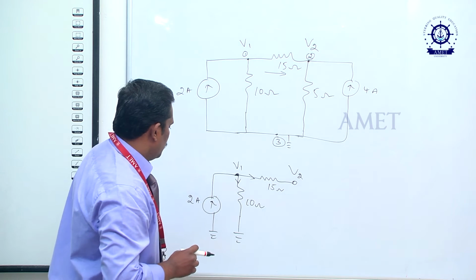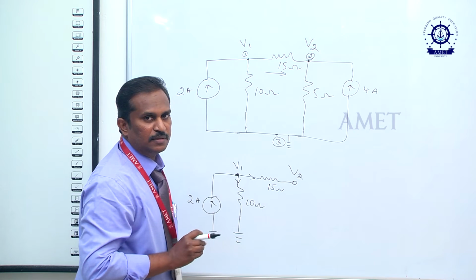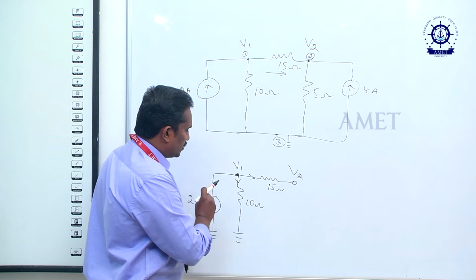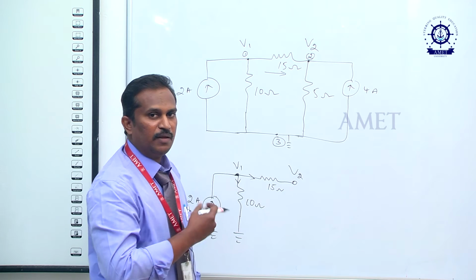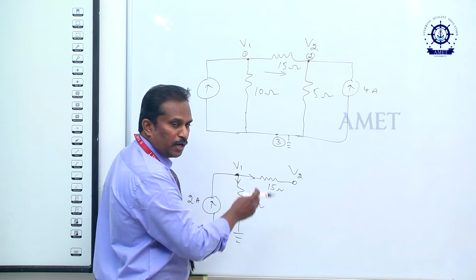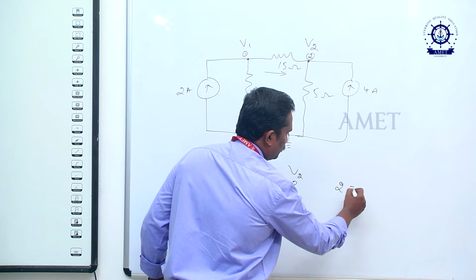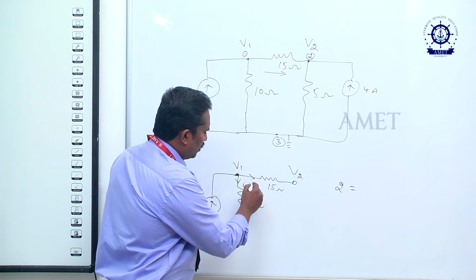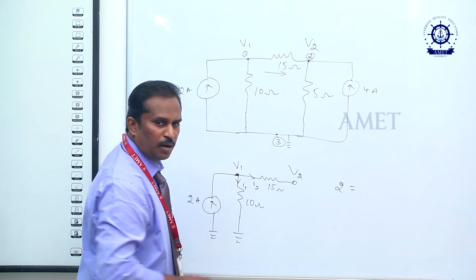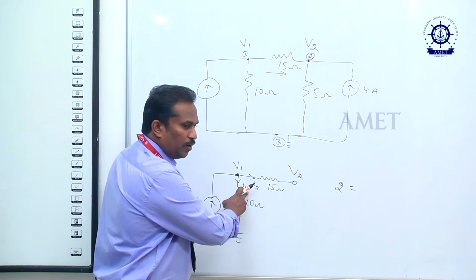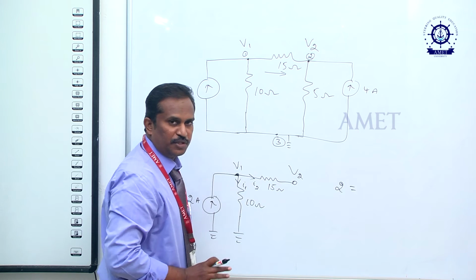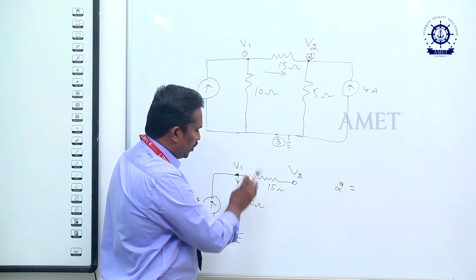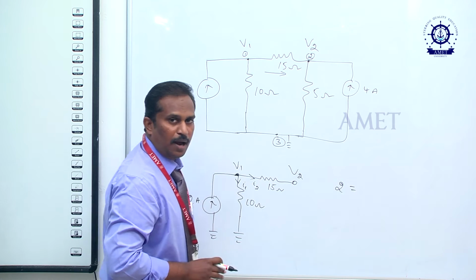Now apply Kirchhoff's current law. By applying Kirchhoff's current law, the sum of currents entering the node equals the sum of currents leaving the node. Here only one current is entering the node, that is 2 amperes, which is equal to the 2 currents leaving. Assume that this current is I1 and this current is I2. I1 can be found by dividing the voltage by the resistance. The voltage across the 10 ohm resistor is V1, so dividing V1 by 10 ohm, we get I1.